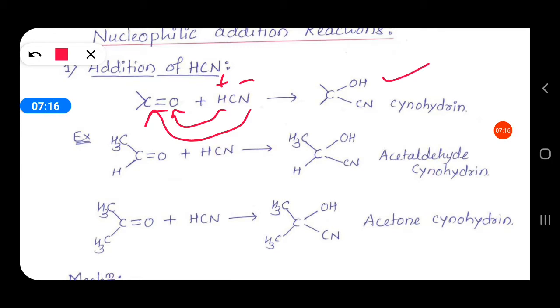So it gives the corresponding cyanohydrin. For example, acetaldehyde gives acetaldehyde cyanohydrin. In ketones, when the two groups are smaller, the nucleophilic addition is easy, and it gives acetone cyanohydrin. So when hydrogen cyanide is added to a carbonyl group, the corresponding cyanohydrins are obtained.